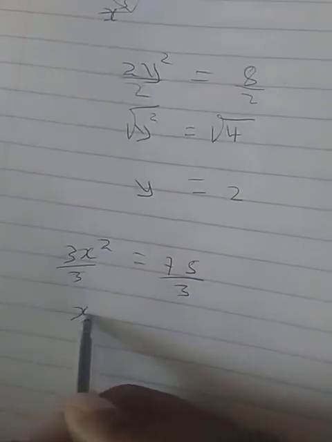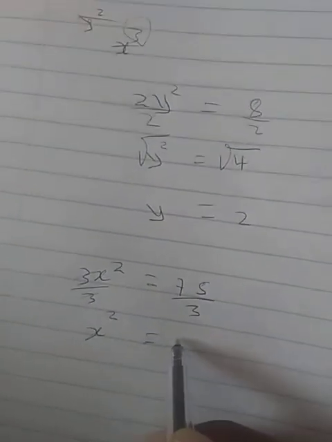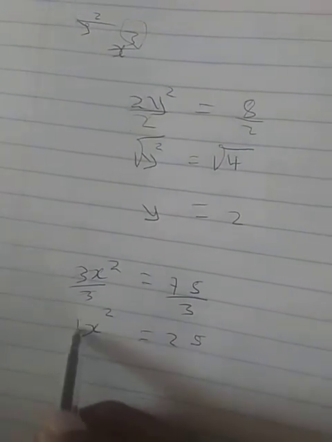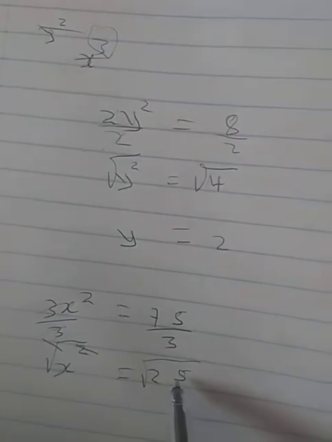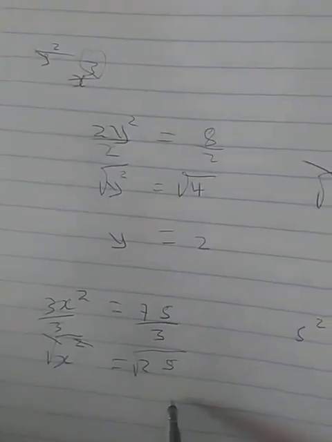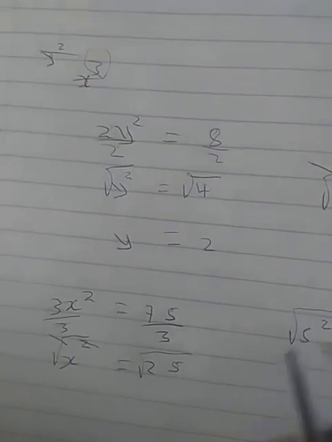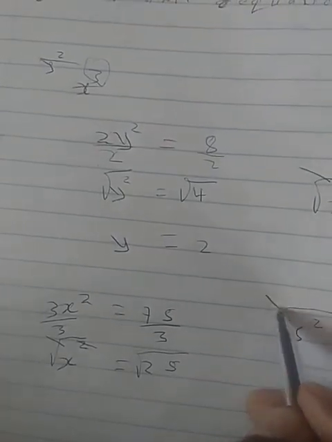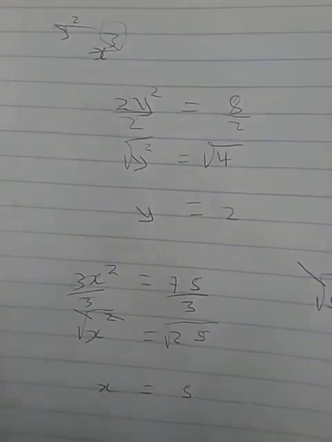Let's cancel this one. x squared equals to 25. Okay, then square root this side. What's the answer? So this will cancel this one. Can we write 25 in an exponential form? Yes, 25 is given by 5 to the power 2. Okay, so if we square root this, it would mean that the root sign cancels that 2. Then the answer will be 5. So x is equal to 5 in this case. Okay.